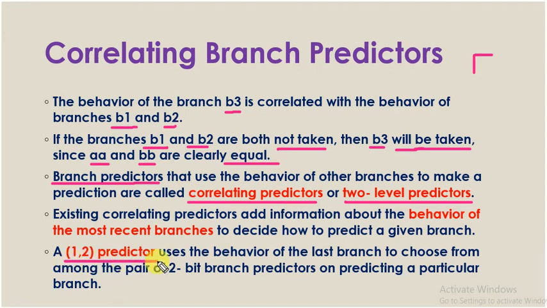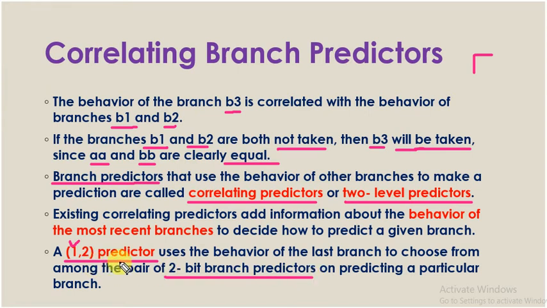For example, a (1,2) predictor, this is the name given for the correlating predictor, uses the behavior of the last branch to choose from among the pair of 2-bit branch predictors on predicting a particular branch.